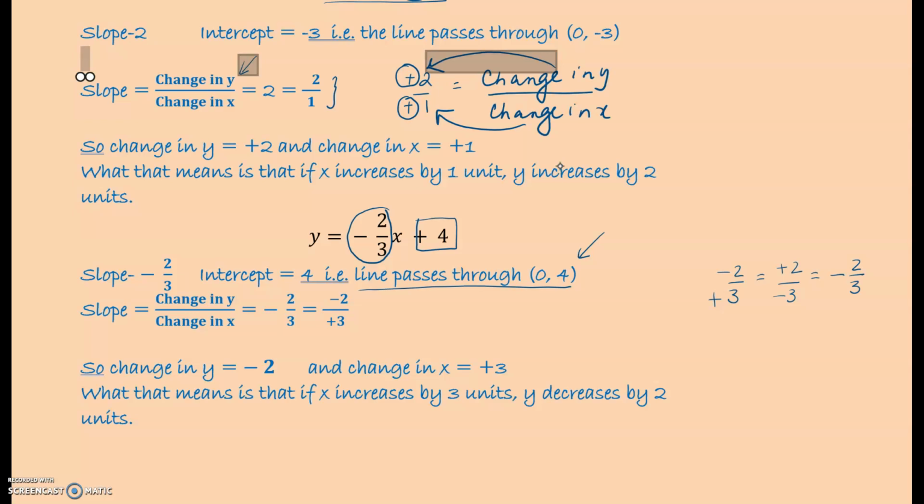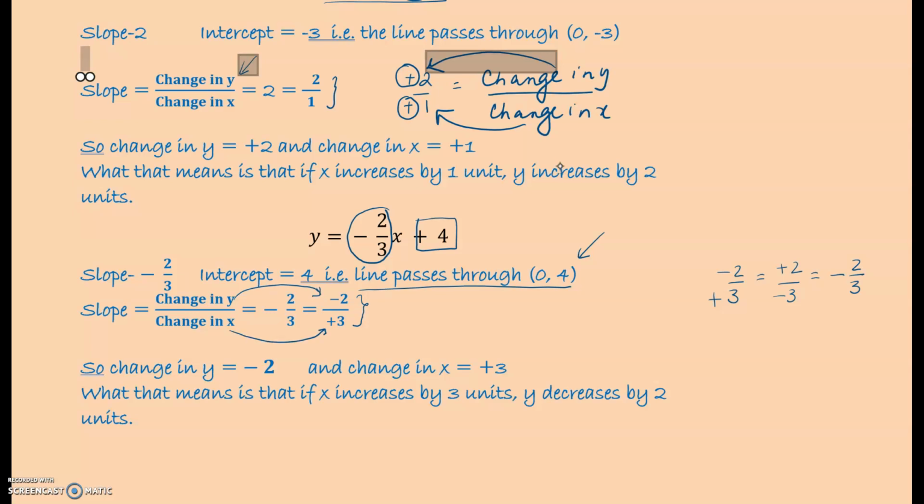So now let's write down the slope, which is change in y over change in x, which is equal to negative 2/3, and we'll write it as a fraction, negative 2 over positive 3, because it's the same thing. The change in y is negative 2, while the change in x, which is the denominator, is positive 3.